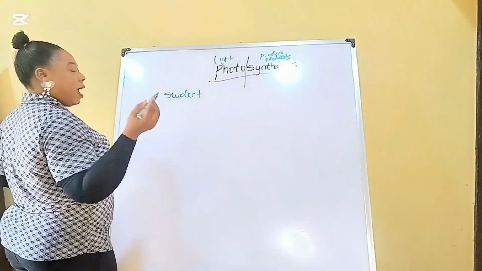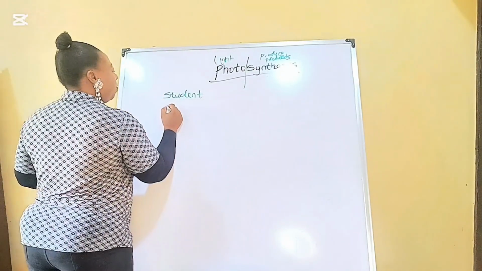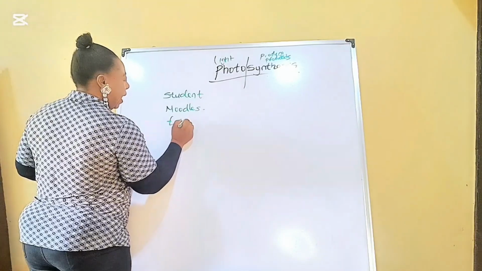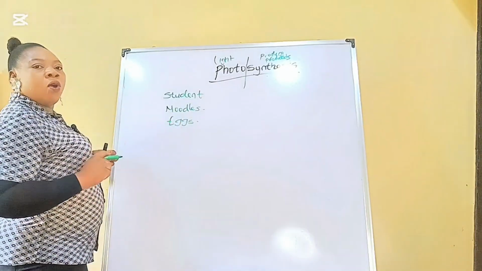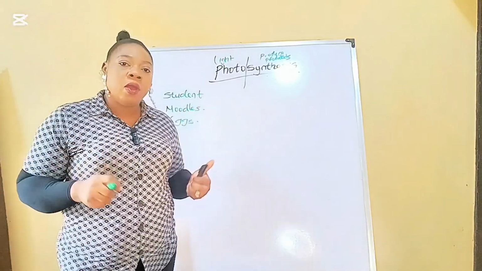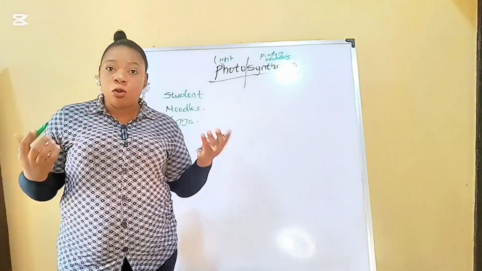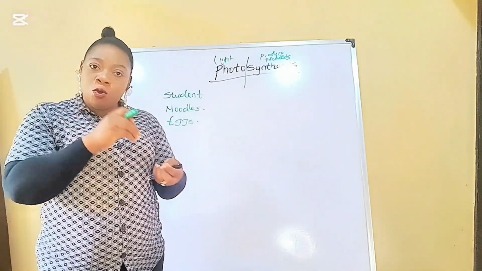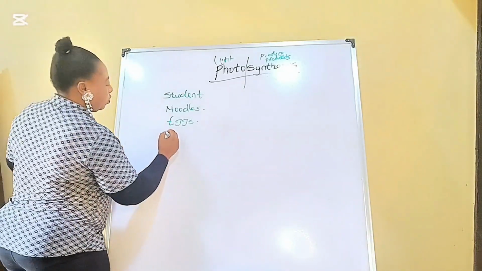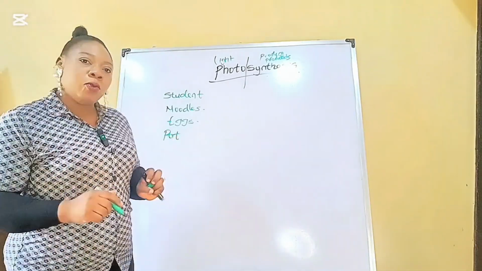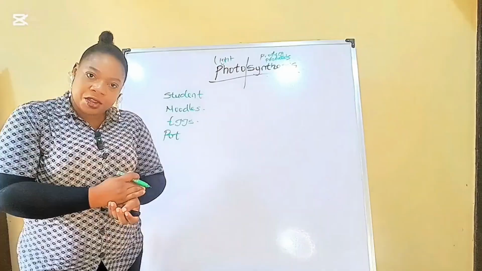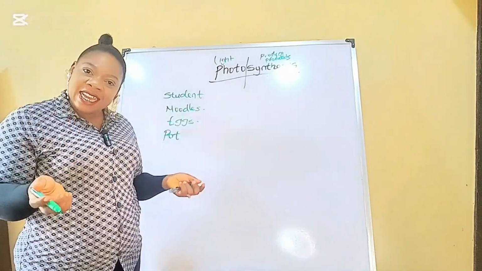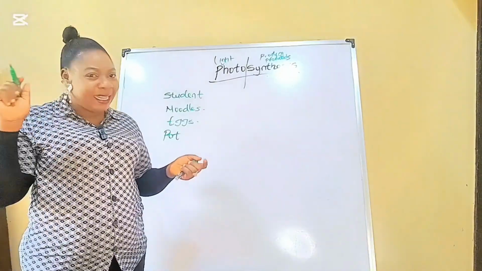So let's write, we have noodles, we have eggs. Now, for you to be able to achieve this, at least you must have a pot where you will cook the noodles and egg. So let's put pots. The next thing you also need is your cylinder.